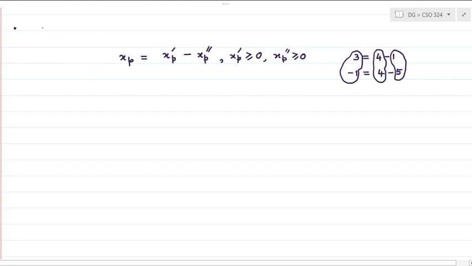So if some variables are unrestricted in sign, you introduce two non-negative variables and you take the difference of them, you will resolve the issue of unrestricted sign variable from the problem.